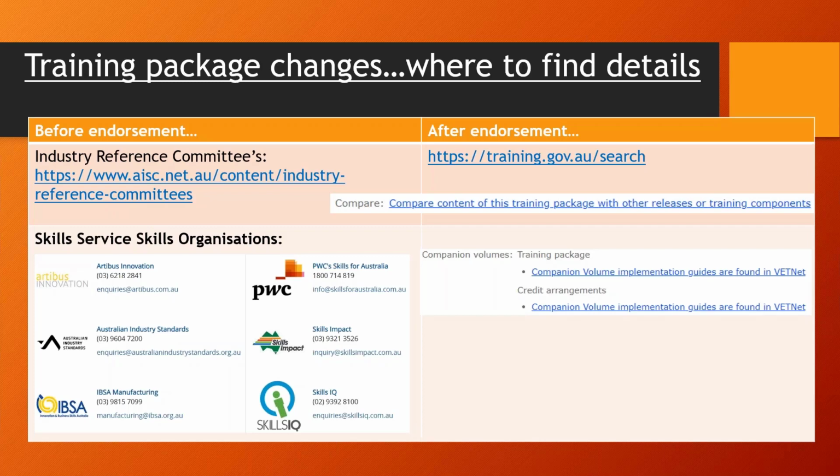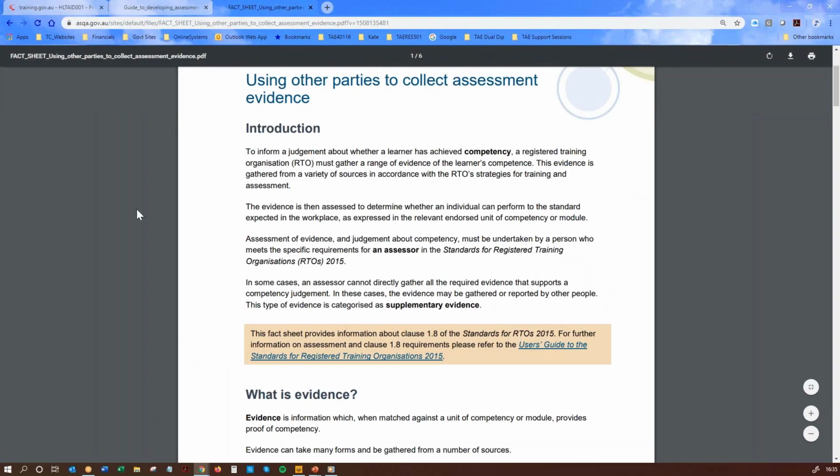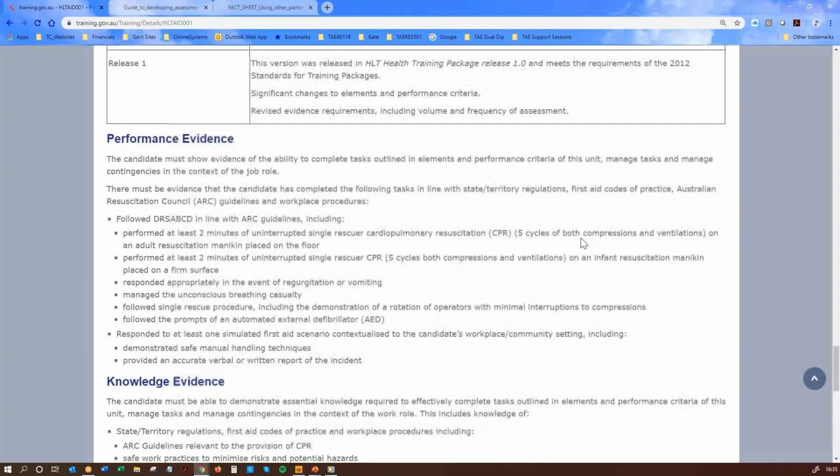And then once it's been actually endorsed, so that means once it's gone live to say this is now the new version, then you will find it on training.gov.au, and you can set up a notification function on training.gov where you will be sent an email as a change occurs. So if a new training package is released, you get an email the day of that happening.